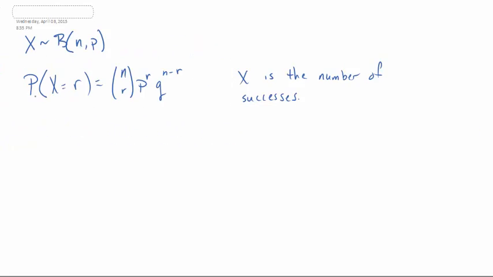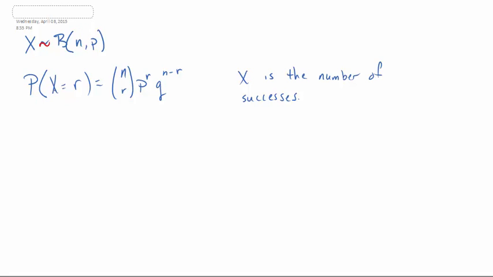And what we have is the notation: X is distributed as, random variable X has a distribution of a binomial with the parameters n and p. n is the number of trials. p is the probability of success.